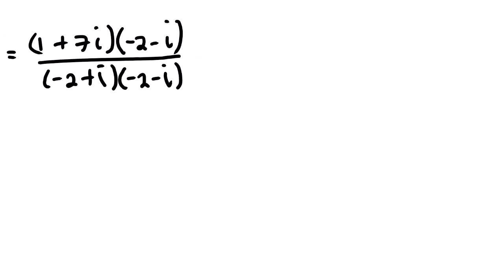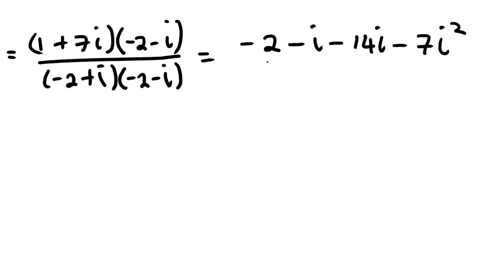From here, we distribute. We have negative 2, 1 multiplied by negative i, negative i, 7i multiplied by negative 2, we have negative 14i, 7i multiplied by negative i, we actually have negative 7i squared, all over negative 2 multiplied by negative 2, it's 4.